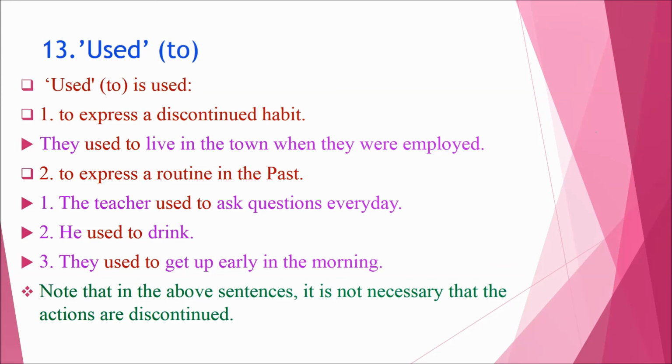Example sentences are: the teacher used to ask questions every day. He used to drink. The next example sentence is: they used to get up early in the morning. Students, note that in the above sentences, it is not necessary that the actions are discontinued. Students, make a note of this.